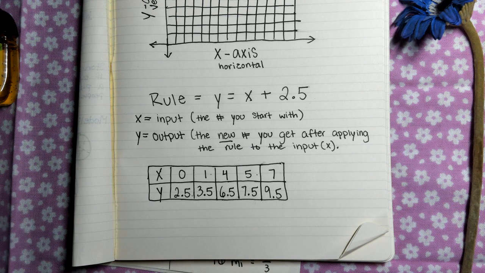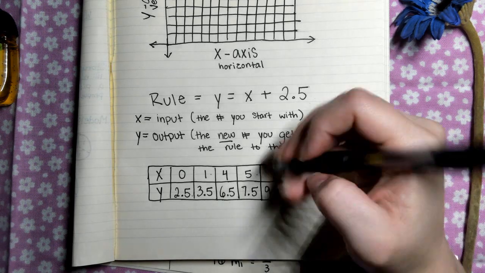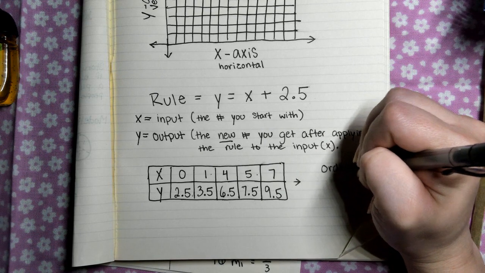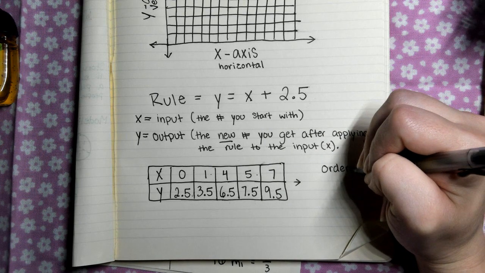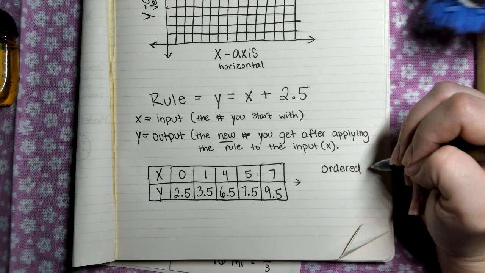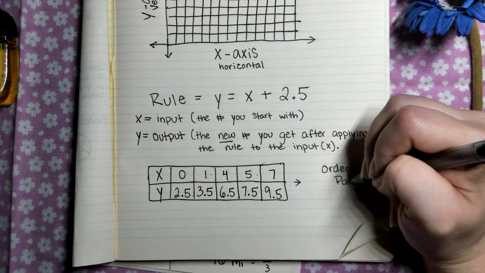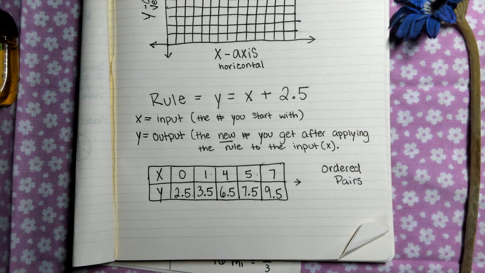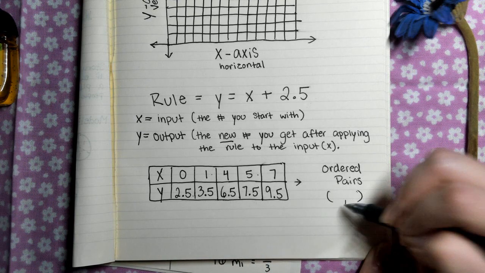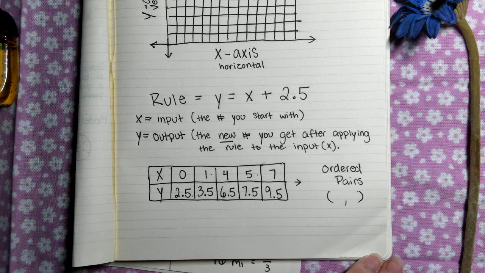Okay. From this table, we need to pull out our ordered pairs. Thankfully, it's super simple. That's a weird word to spell for some reason. I got confused. Ordered pairs. If we needed to pull out ordered pairs, those are the things that look like this. They have the 2 parentheses, the 2 numbers inside the parentheses with a comma in the middle.